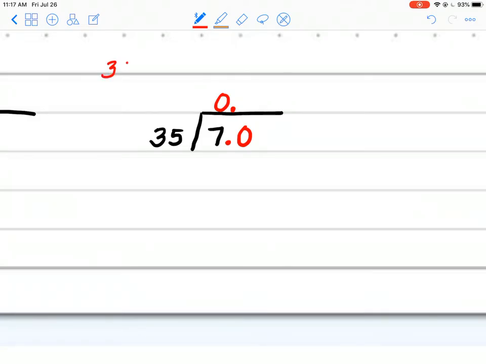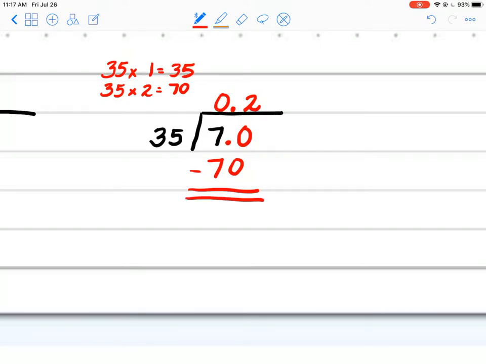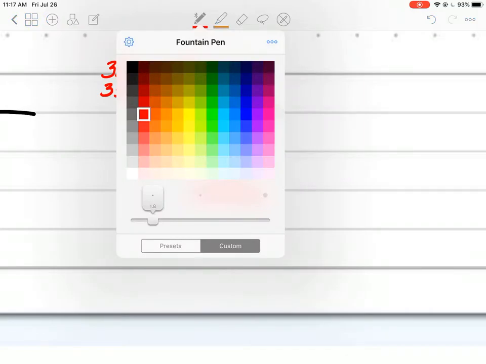Well, I know that 35 times 1 is 35. 35 times 2 is, oh boy, 70. So it goes 2 times, and it is 70 on the dot, so there is no remainder to deal with. We don't have to keep going. So my decimal is 0.2.